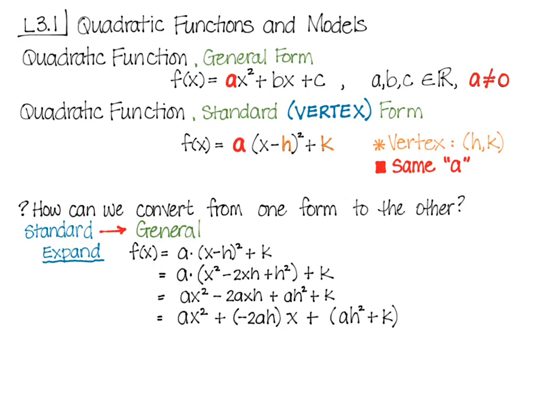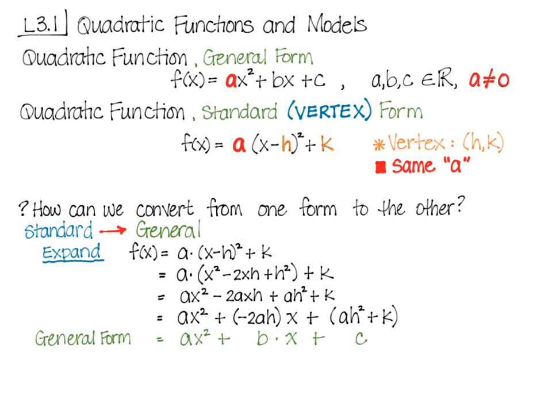So I'm going to rewrite it this way, where I've grouped it, where I have this negative 2ah that is being multiplied by x, and I'm going to group these two things together because they're going to make a constant. And this is where we can see that just simply by expanding, we have taken this standard form and put it into general form.